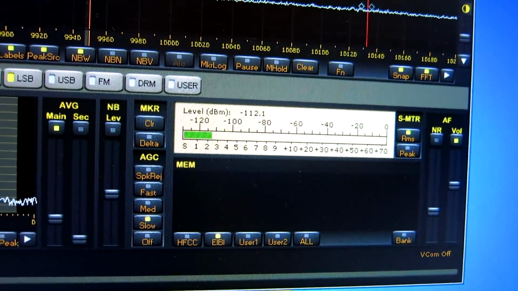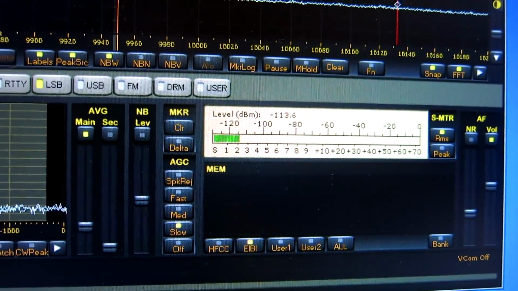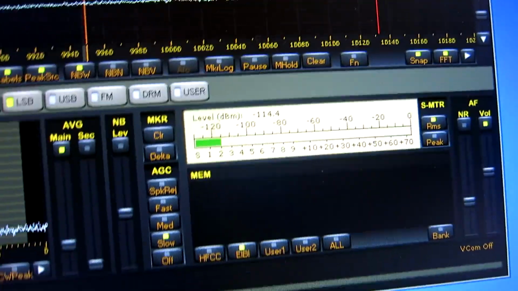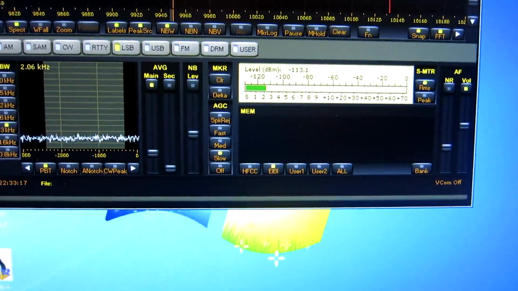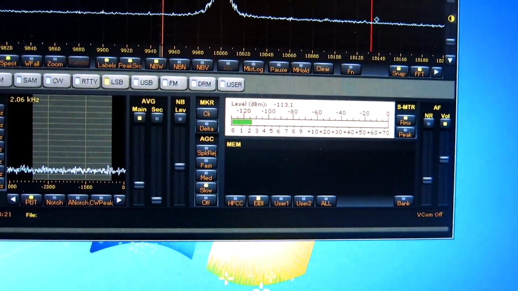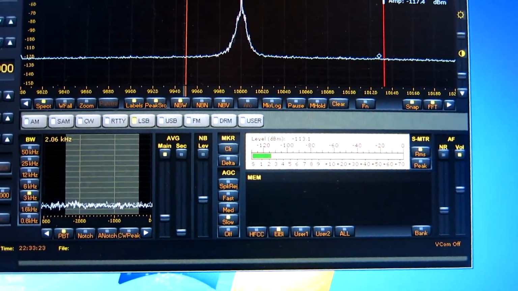and it is at, I think, still minus 114, and with the signal it comes at minus 113.1.